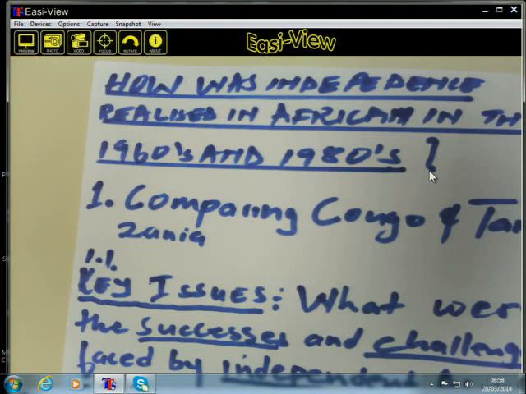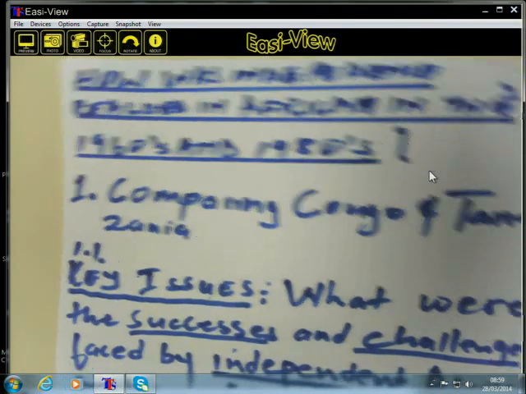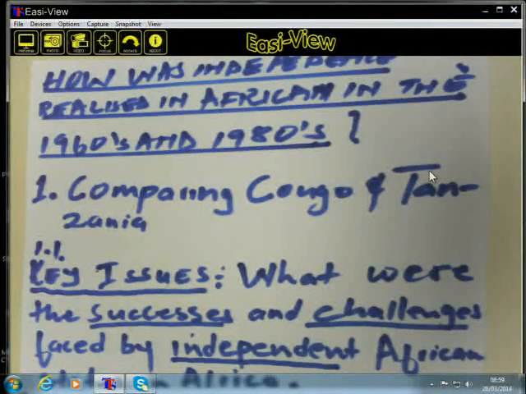The key focus here is going to be on two countries, as it will be examined at the end of the year. The two countries are Congo and Tanzania.